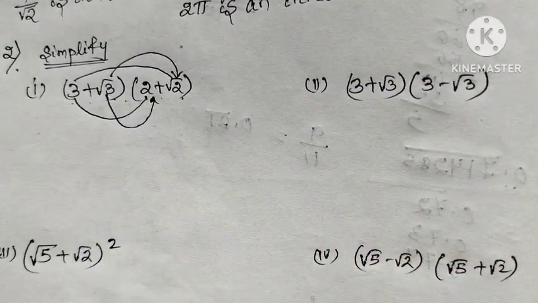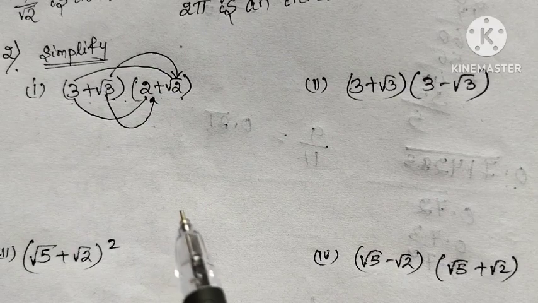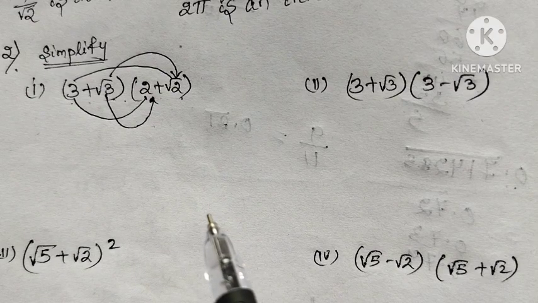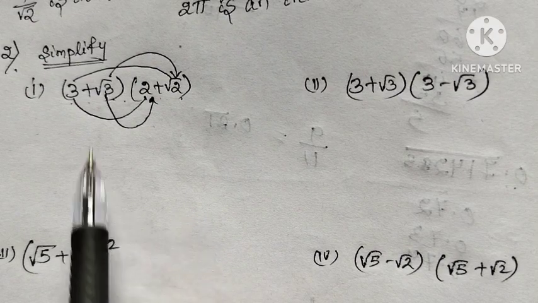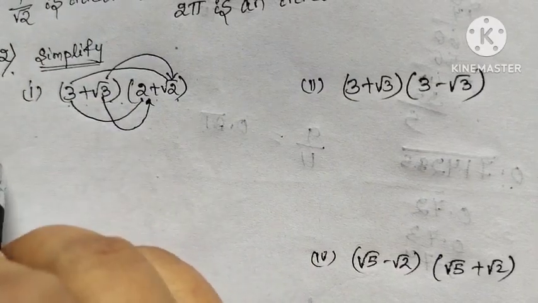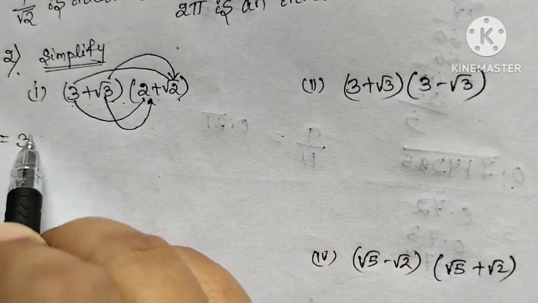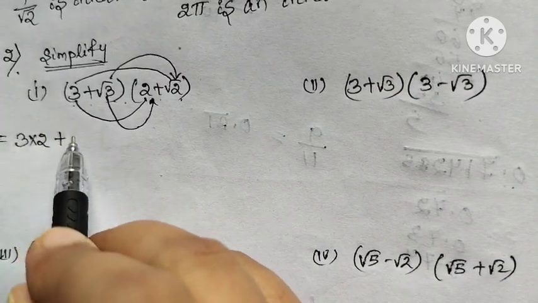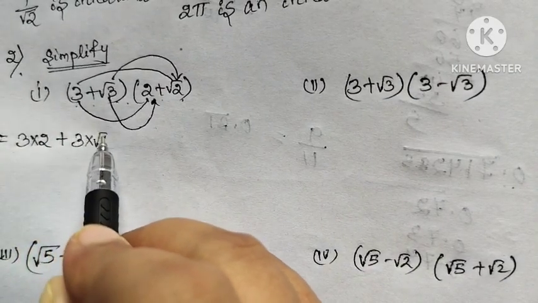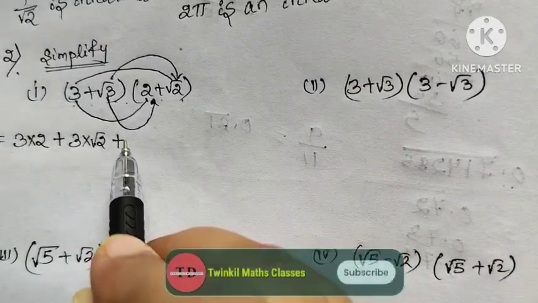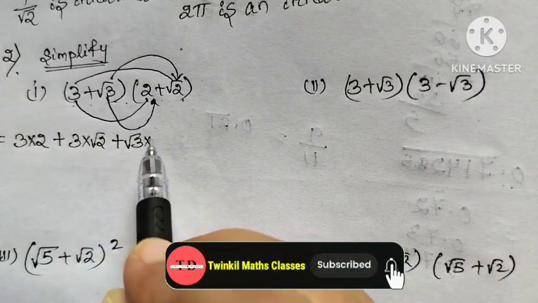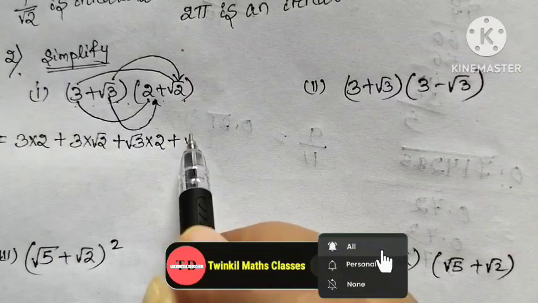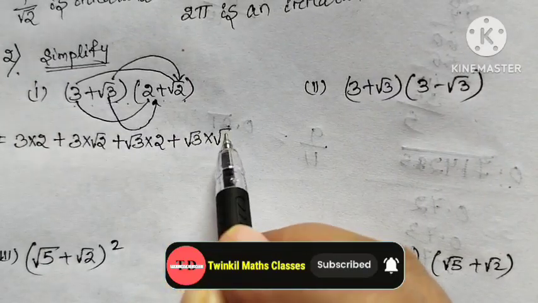I have already told you root a into root b is equal to root ab. Same thing, 3 into 2. The next step is 3 into 2 plus 3 into root 2 plus root 3 into 2 plus root 3 into root 2.